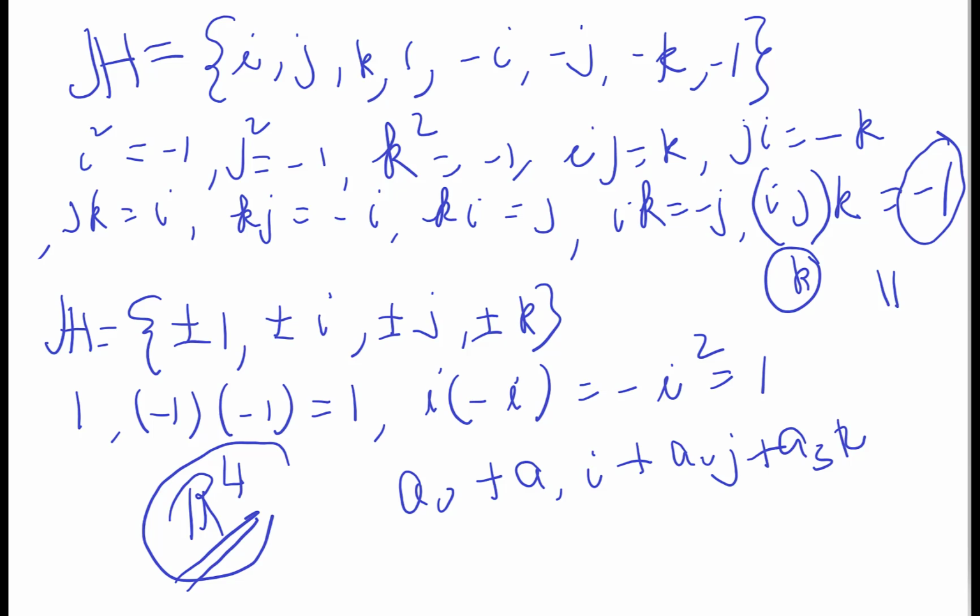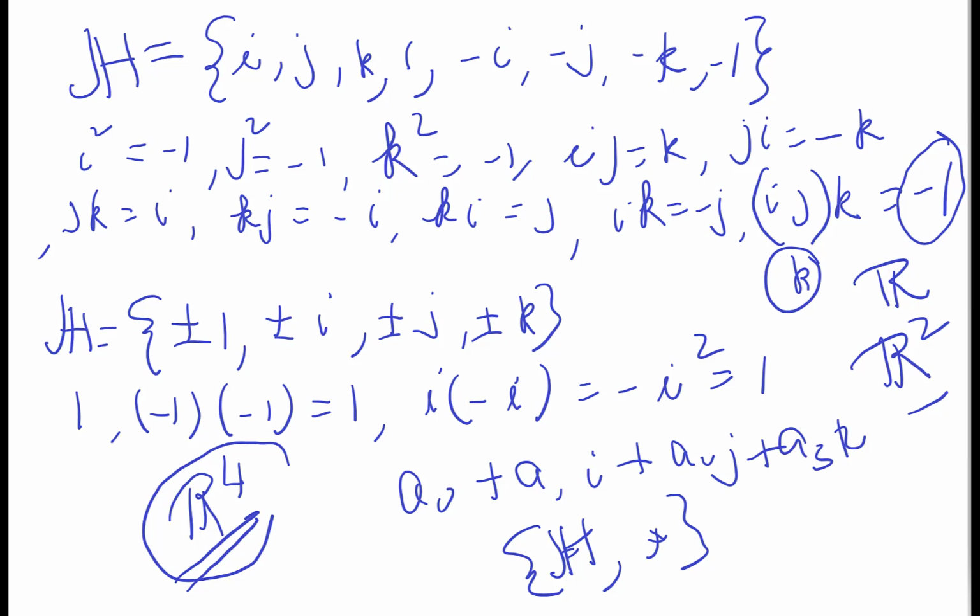We have multiplication in R, we have multiplication of complex numbers, and in R4, the multiplication that we have is created by these Hamiltonians, and with this multiplication structure, you can verify that this is a group.